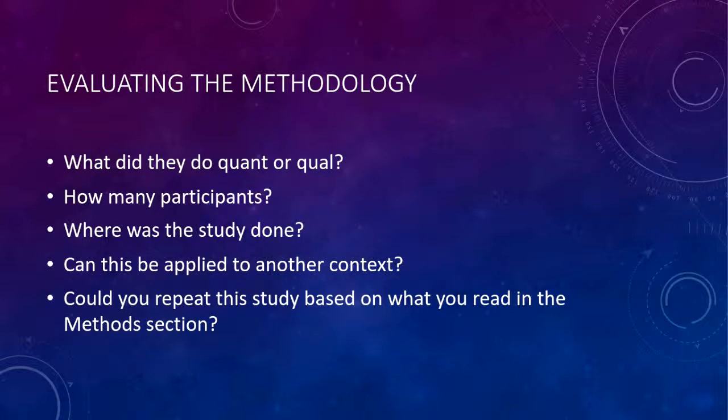How do the results of this study actually apply to what I'm looking at or what I want to know more about? And then a really good study should be able to be repeated based on what you read in the methods section. So if you read the methods and you could actually go out and do the study exactly the same way that person did, then that means they did very well on reporting their methodology, which means it's probably a good study.